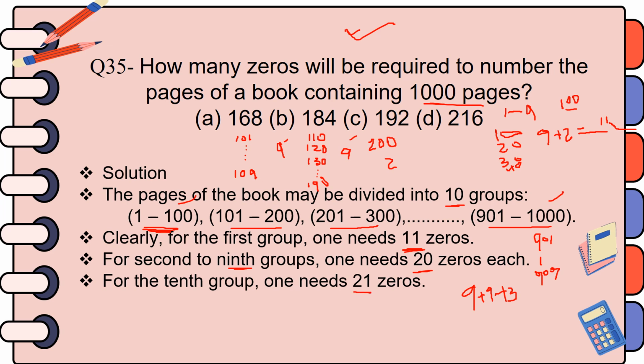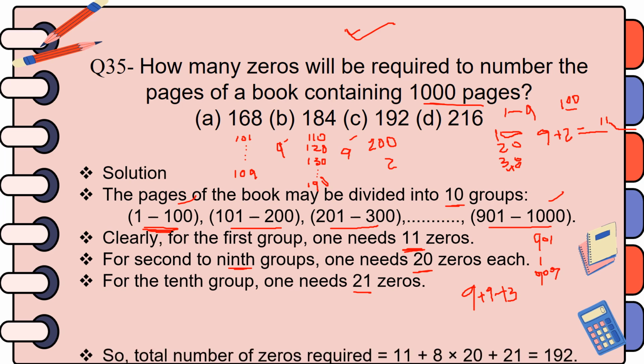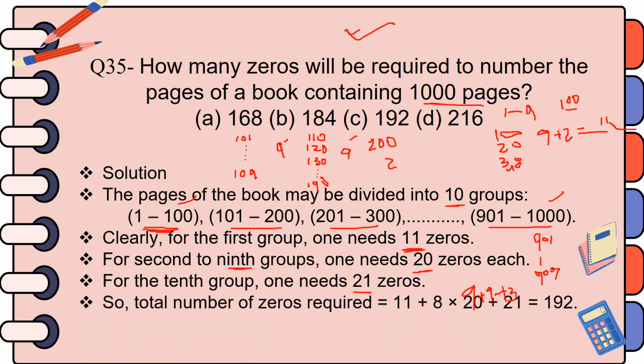So we have the first group 11 zeros. From the second up to the ninth group, that means how many groups? 8 groups. For the 8 groups, the zeros are 20 each.